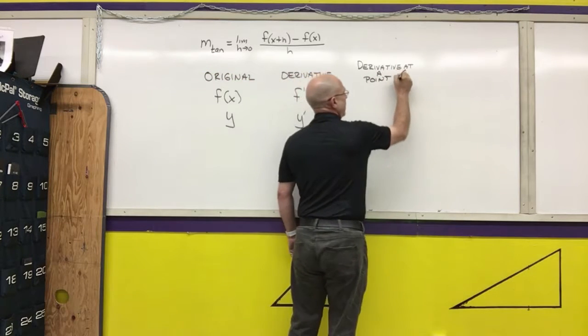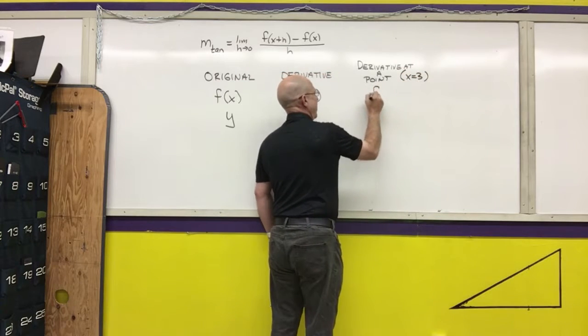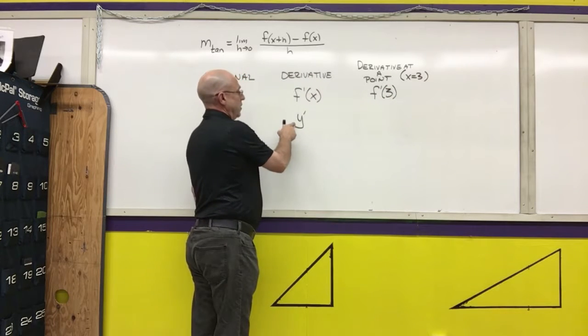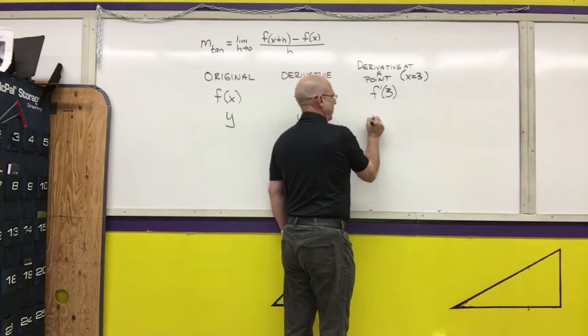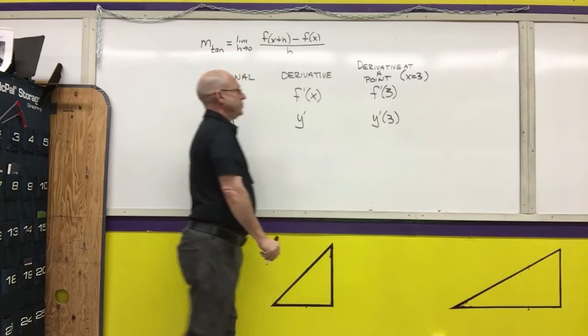For example, if I wanted at x equals 3, we would write f prime of 3. Again, if I'm using the y and the y prime notation, I could write it as y prime of 3.